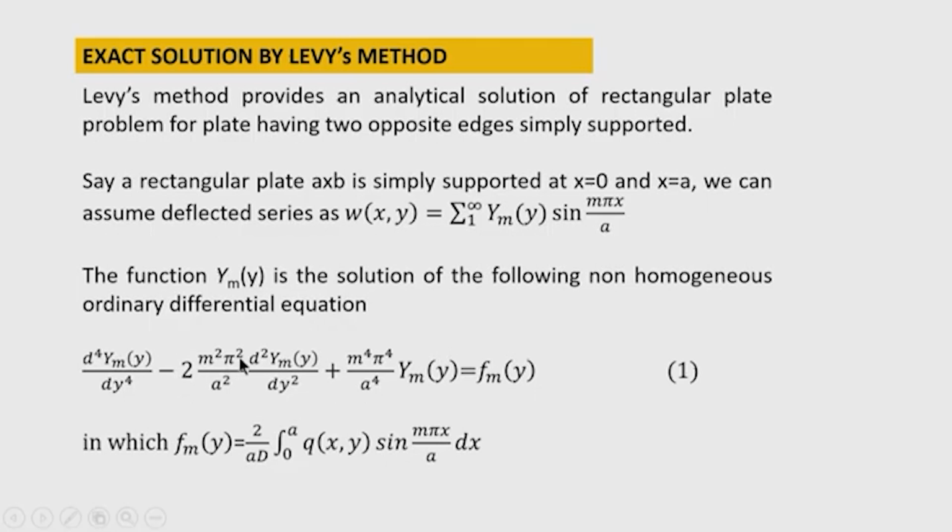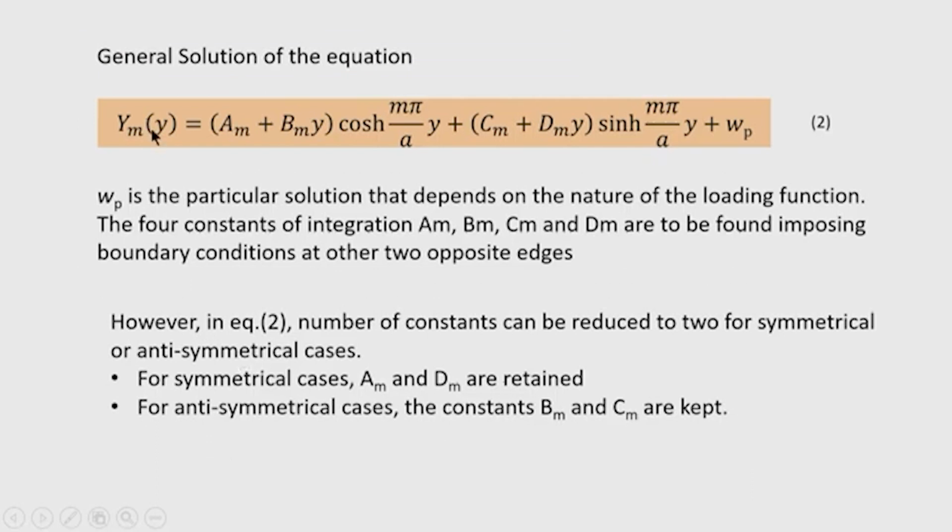The homogeneous part is given by this function: A_m + B_m y cosh(mπy/a) plus (C_m + D_m y) sinh(mπy/a), plus the particular integral or particular solution. That integral is to be found considering the forcing function on the right-hand side. If there is no force or load acting on the plate, then this function will be 0.